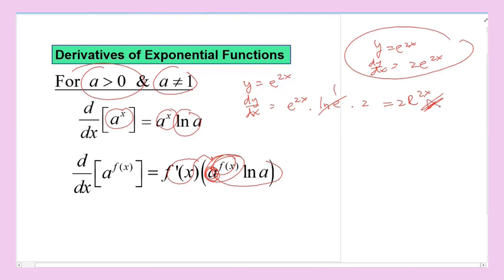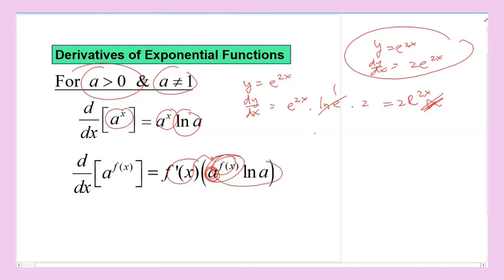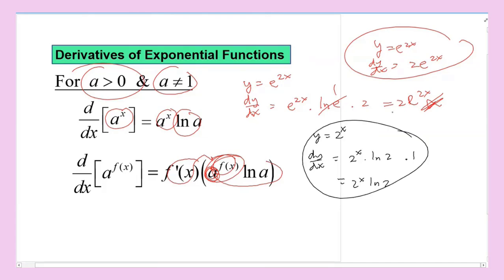This is dia punya basic actually. When given, katakan y is equal to 2 power x, differentiate dy/dx, copy and ln 2 and power dia 1. So dapat macam tu lah. Simple, dia kena ingat juga lah. Simple kan, sometimes popular soalan dia.